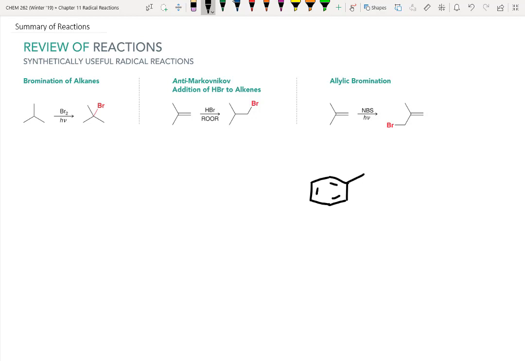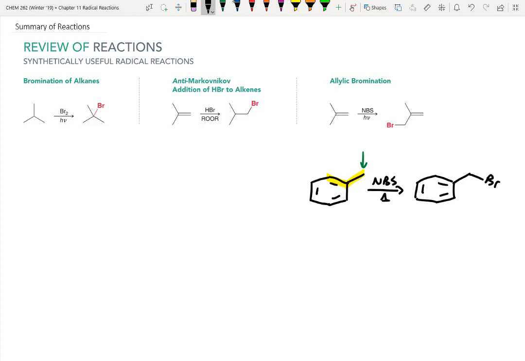This is pretty similar to an allylic system where you have this alternating double single bond arrangement, in which case you can brominate the benzylic position pretty easily using the exact same reagent. So NBS and heat. And you can get bromine to be installed right at that benzylic carbon. So you may see that on Sapling as well. We'll come back and learn about reactions at benzylic positions later, though.